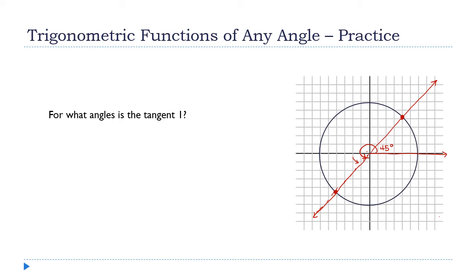So I get two answers, 45 degrees and 225 degrees. Okay, so hopefully you're seeing this business of identifying the sign, not the trigonometry sine, the plus or minus sign. This business of identifying the sign of the number is really important, and it's driven by the quadrant that our angle is in.